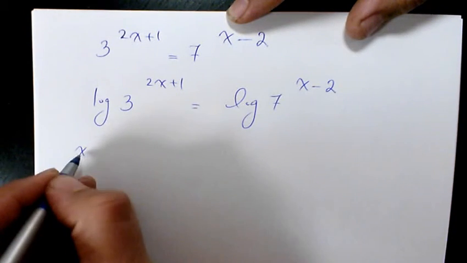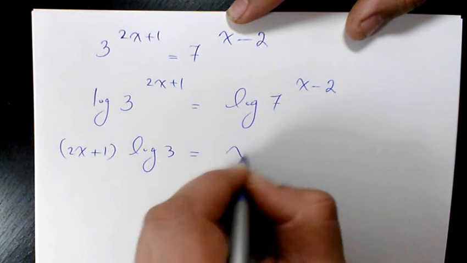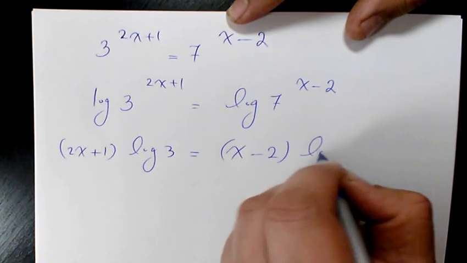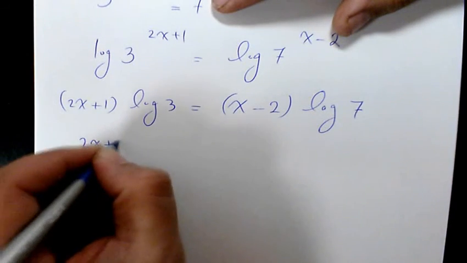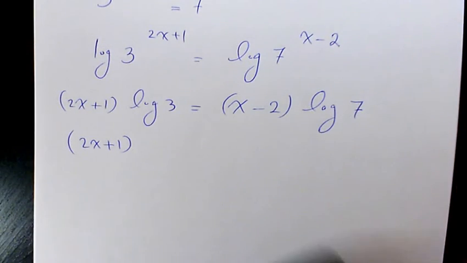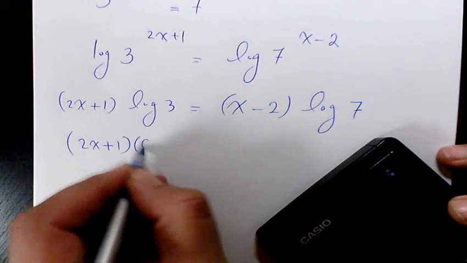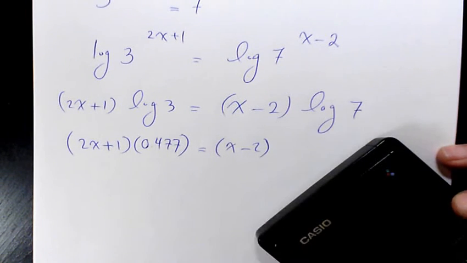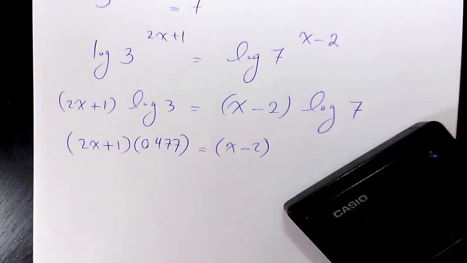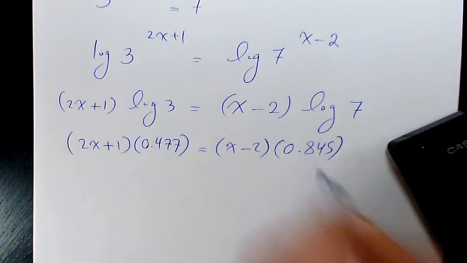So I can bring it here and make it as the coefficient. 2x plus 1 times log 3 equals x minus 2 times log 7. Log 3 is 0.477, and log 7 equals 0.845.